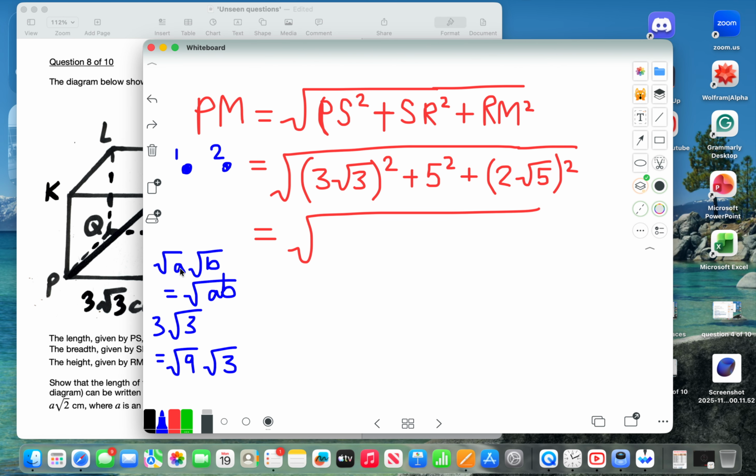So then we have √27, because if we make a is 9 and b is 3, we get the root of 27. So that's going to be the root of 27 squared.